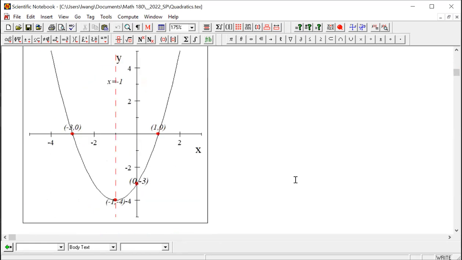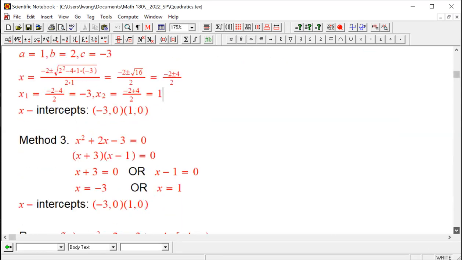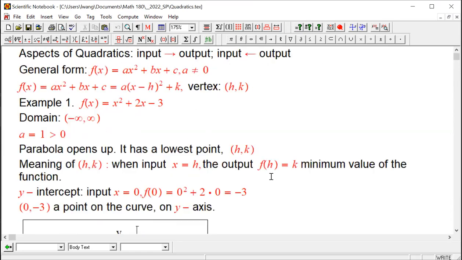However, the quadratic formula can always be used. Completing the square can always be used. Factoring can be difficult and it can be very easy. So it depends on the question. All right, so in this lesson we have talked about all of these different aspects.